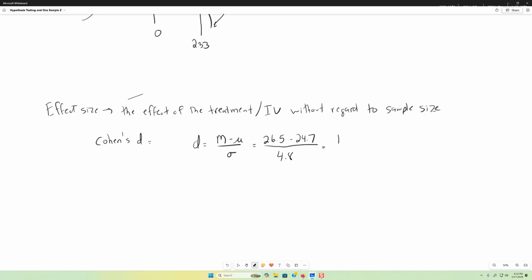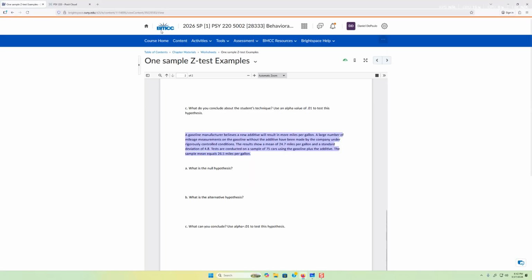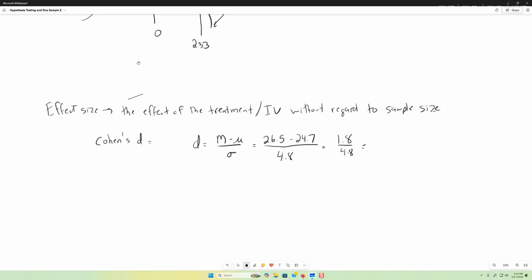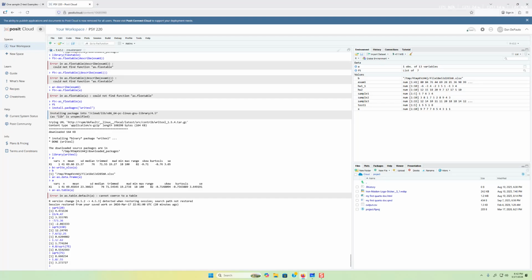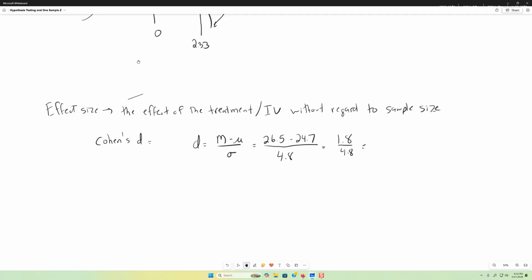This is 1.8 over 4.8. Now this is going to be a lot different because we don't have 75 as our sample size, and that 75 is helping push this towards significance. So 1.8 over 4.8, and we get 0.375 as our effect size.